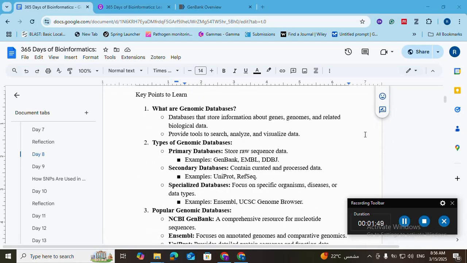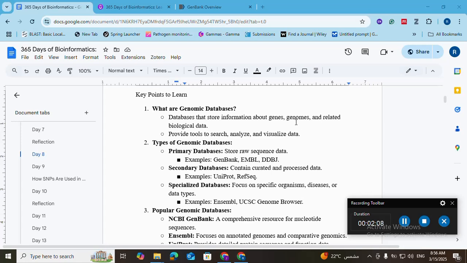What are the key points to learn? Number 1, what are genomic databases? Databases are a store of information about genes and genomes. There is a question: what is the difference between gene and genome?